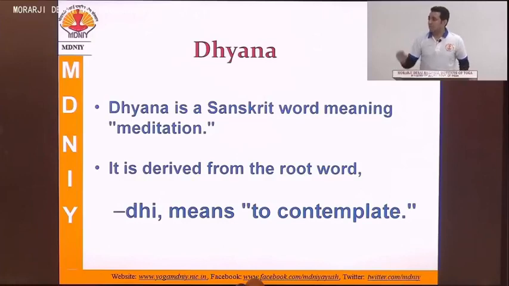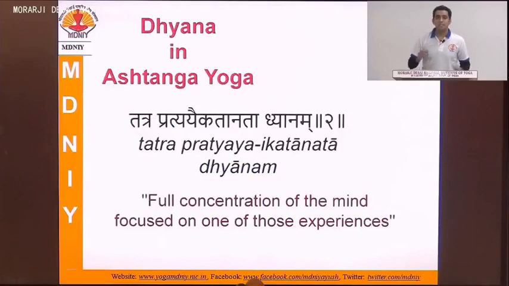It is derived from the root word dhyai, which means to contemplate; you have to focus. So you have to remember where the word dhyana comes from: the root word means to contemplate. Dhyana in Ashtanga Yoga, Maharishi Patanjali said, Tatra pratyayaikatanata dhyanam.